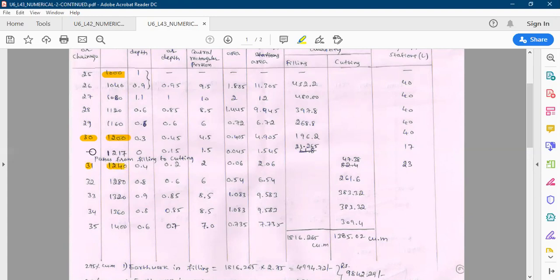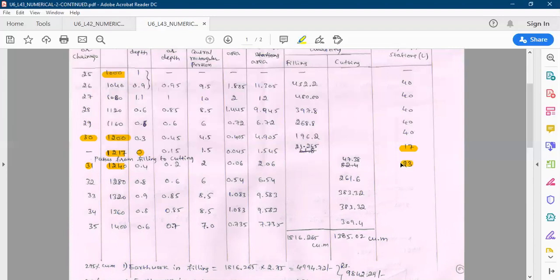In between we have depth 0, that is where RL of formation crosses the RL of ground surface, right? 1200 to 1217 is coming in filling. 1217 to 1240 is coming in cutting. So from 1200 to 1217 we have the 17 meter length which is coming in filling, right? From 1217 to 1240, that is 23 meters which we have calculated, it is coming in cutting.